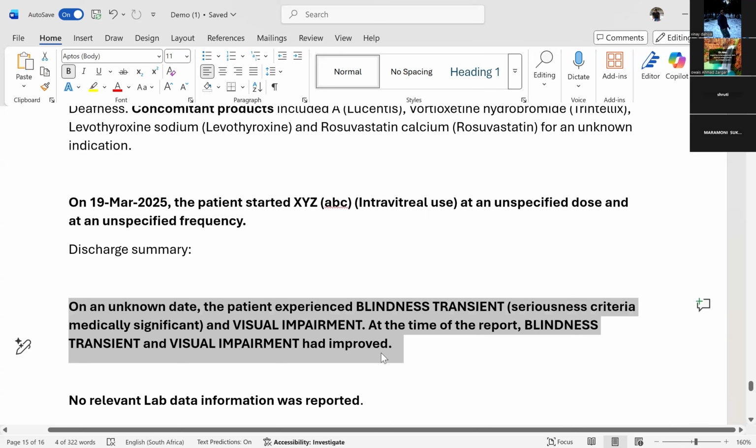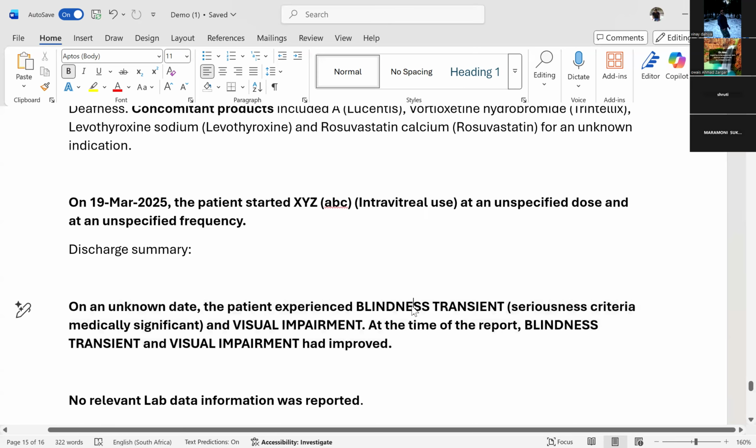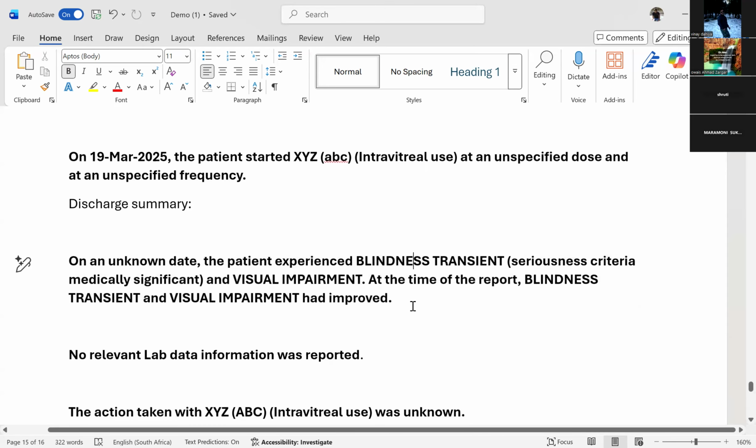Now coming to when: after taking the drug on an unknown date, the patient experienced this event. And outcome. What is the outcome of the event and what is the result of the event? Like at the time of the report, was the event resolved or was the event ongoing?